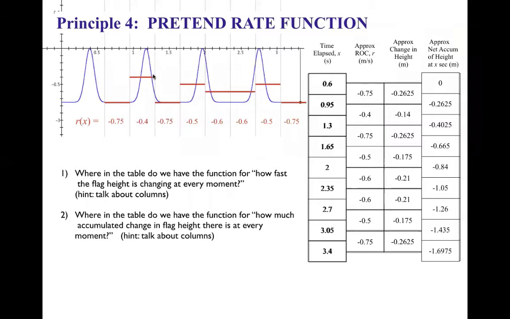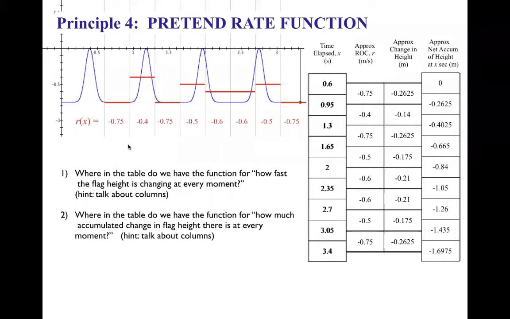Right. So the average here, I'm saying somewhere between 0 and negative 0.75, somewhere in the middle is about negative 0.4. That's that y value right there for the rate of change. Does that answer it? Yeah. Sorry, I just forgot what the y-axis was. Yep, this is the rate of change graph. So the y values are in meters per second.